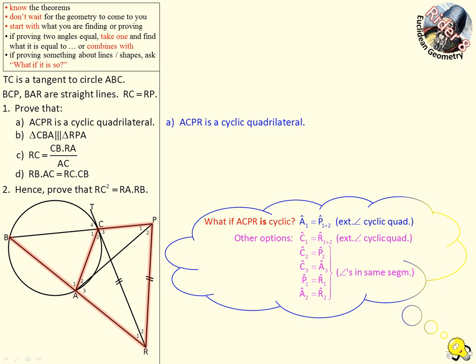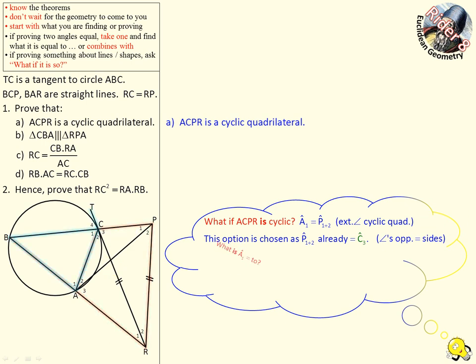But I have chosen the one there because I already have P1 and 2 equal to C3. So P1 and 2 is already equal to something else. So I already have the potential for one of those domino things where A equals B and B equals C, therefore A equals C. An axiom.